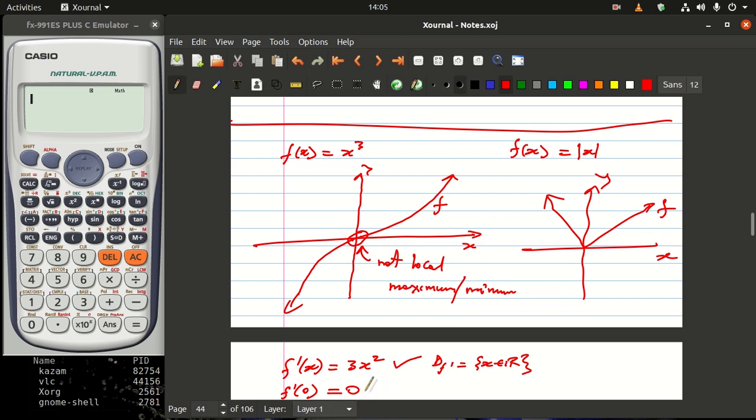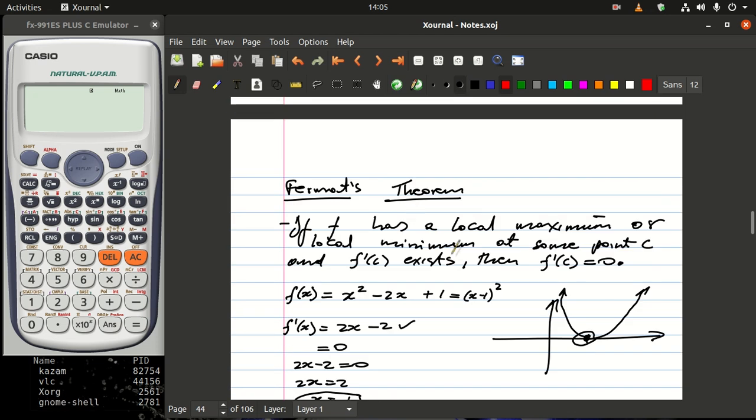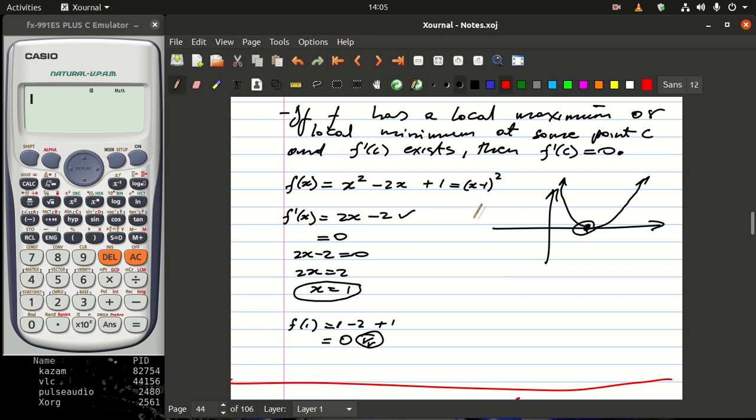Just because you have a derivative equal to 0, it does not mean that there is a turning point at that point. I hope you are getting that, because at some point you will find that most people want to say that if the derivative is equal to 0, therefore this must happen. That is actually not the case.